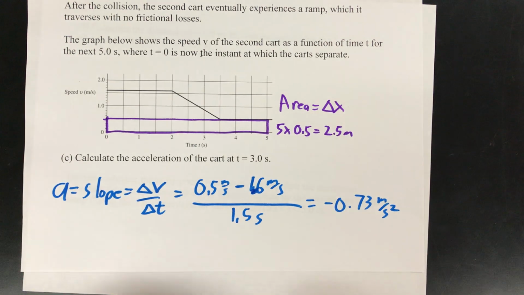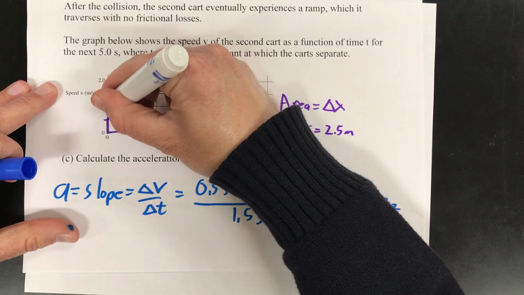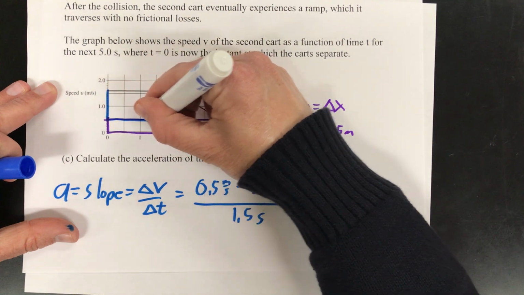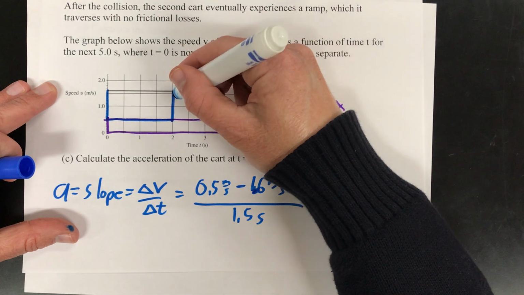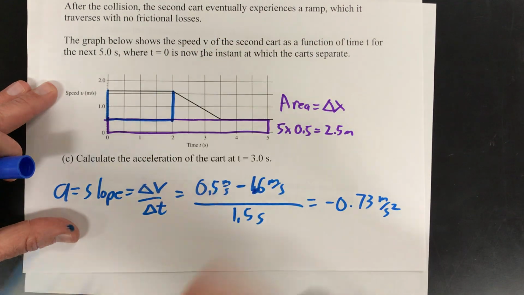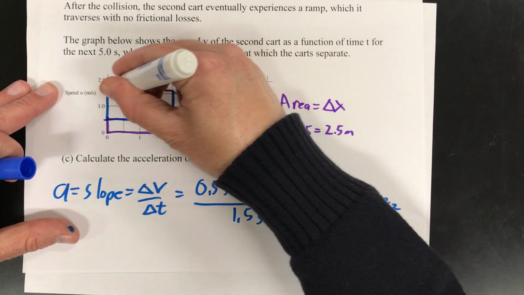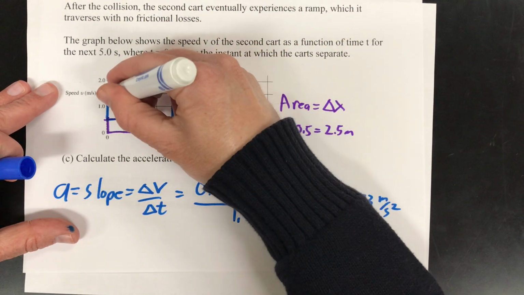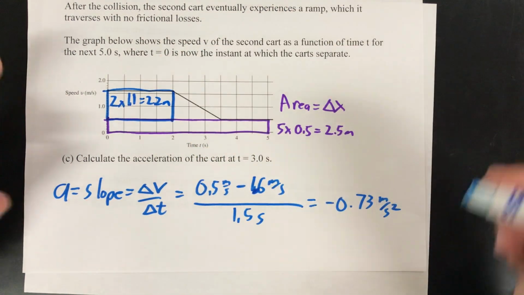And then let's see here. We've got another box right here. This box is 2 by, here we start at the 0.5 and we go up 1.1. So this box right here is 2 by 1.1, so it's 2.2 meters.